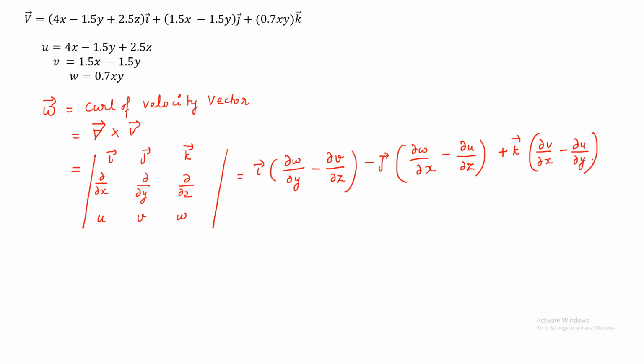So this is what we are getting. Now let's substitute the values.